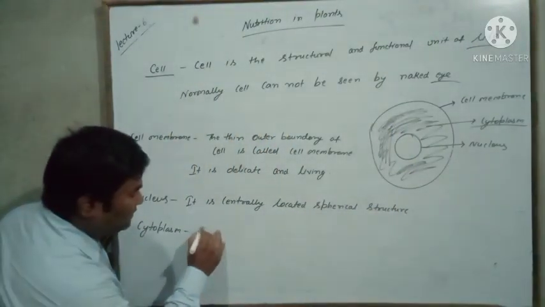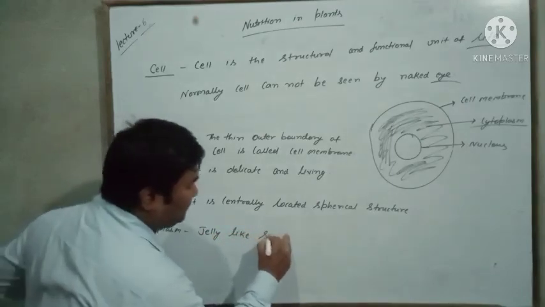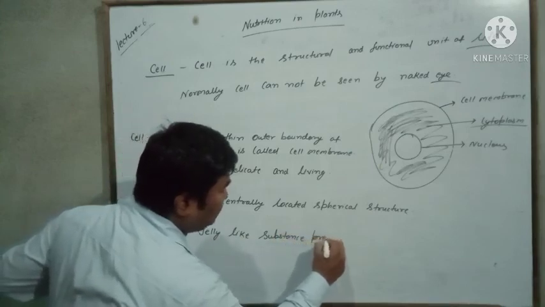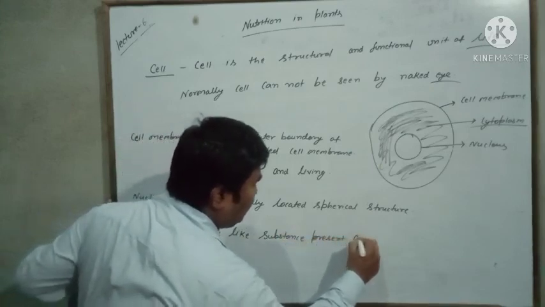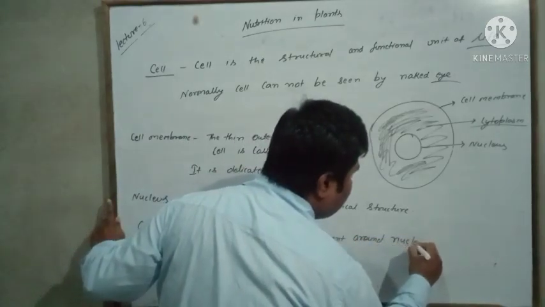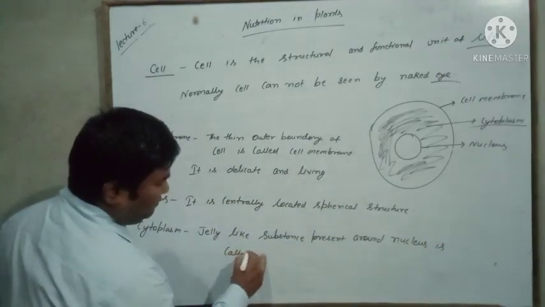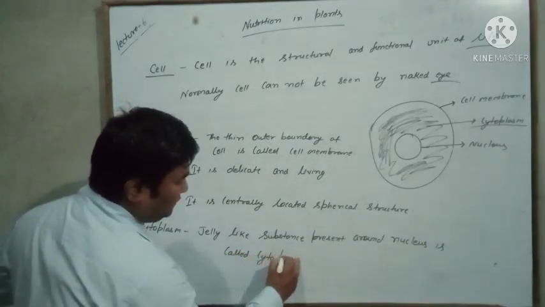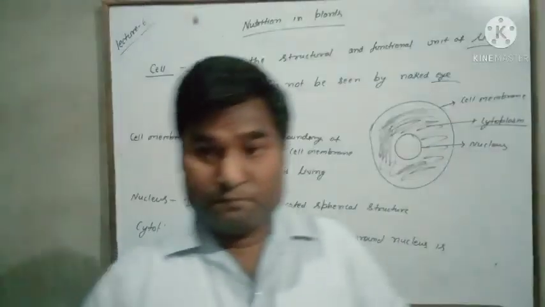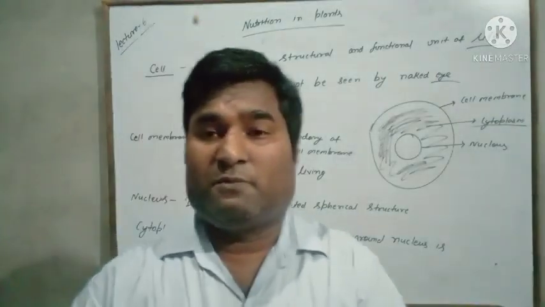So jelly like substance present around nucleus is called cytoplasm. Okay, so hope you understand. If still anyone have any problem, you can ask. Okay.